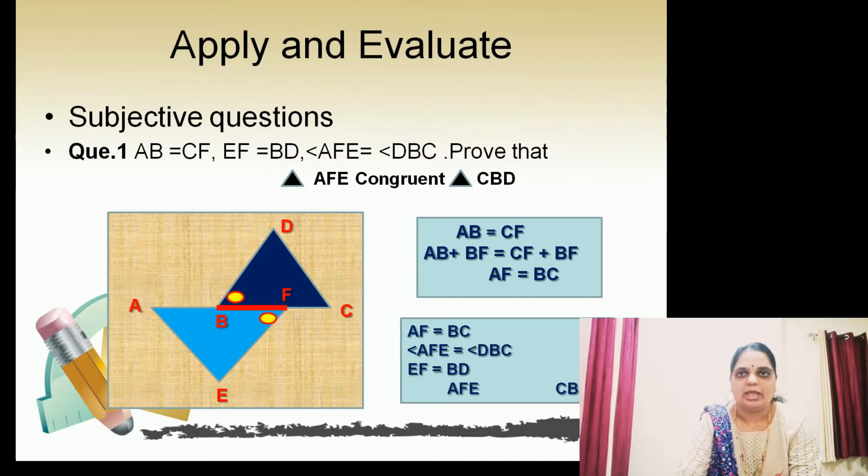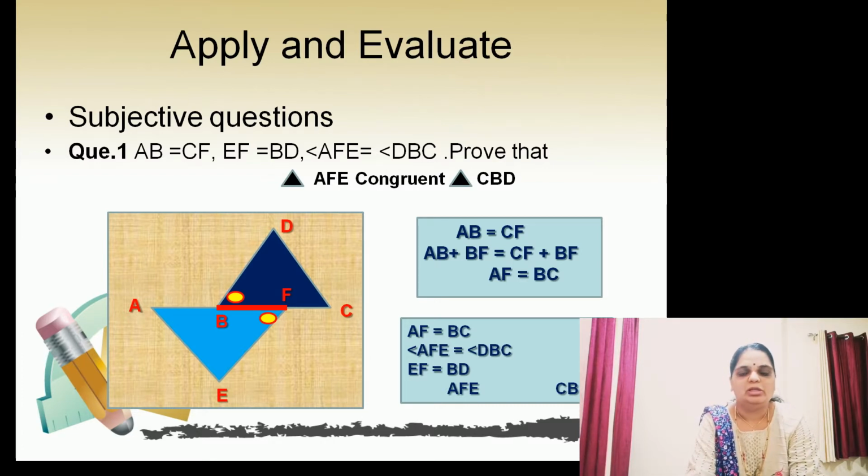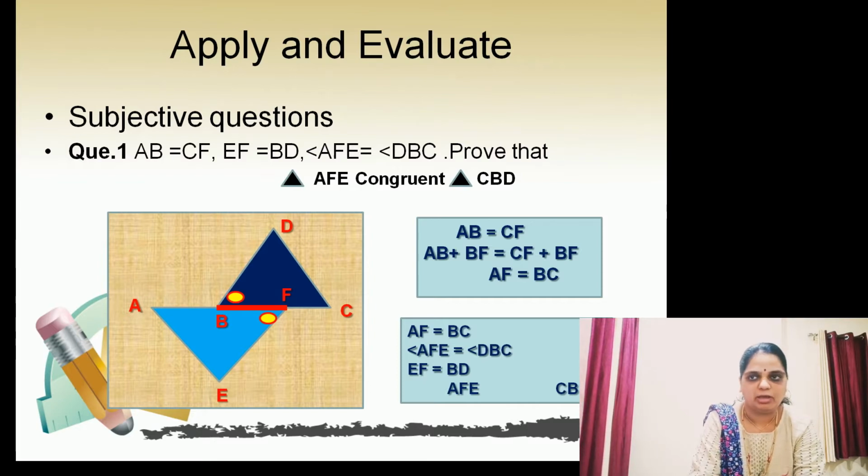We can add AB plus BF and CF plus BF. There is an equality. Why? Because on both sides we can add segment BF. By adding AB and BF we get AF, and by adding CF and BF we get BC. That means we have segment AF congruent to segment BC.